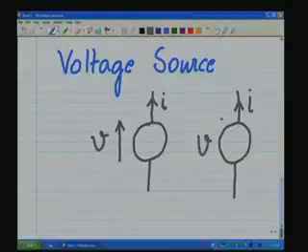Instead of the arrow, plus and minus marks are used. It does not indicate that this is always positive with respect to this, but what it indicates is that measurement of this terminal voltage is done with respect to this. Okay. So this is the symbolic representation of a voltage source. How do we represent a current source?